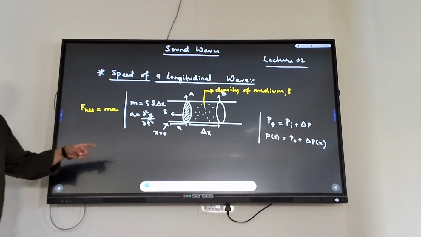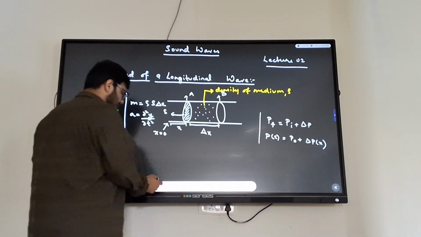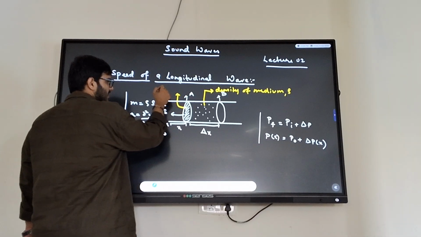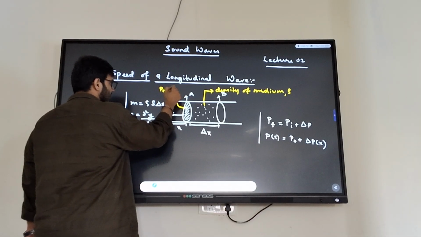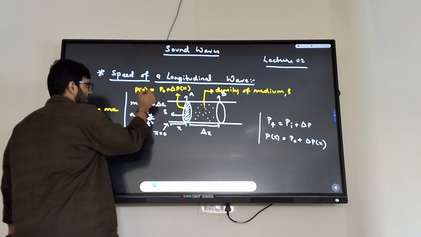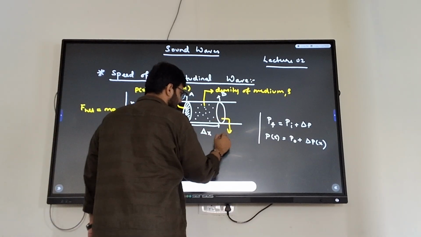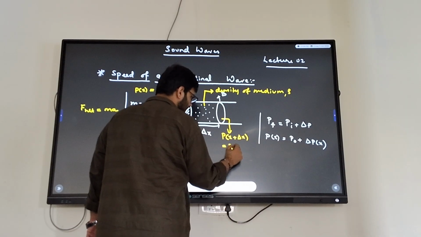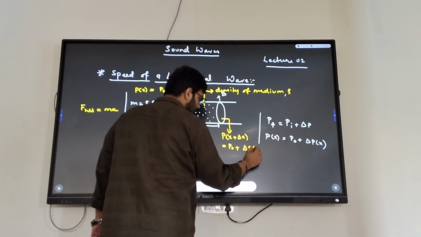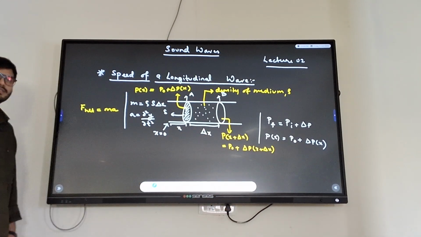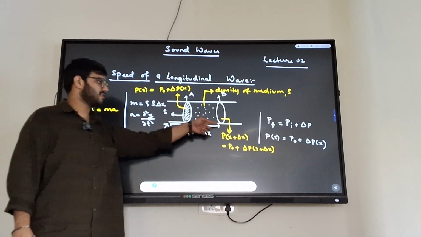So the pressure here will be P naught plus delta P as a function of x, that's P of x, and the pressure here, at x plus delta x, will be P naught plus delta P at x plus delta x. Does it make sense? These are the pressures at different values of x.